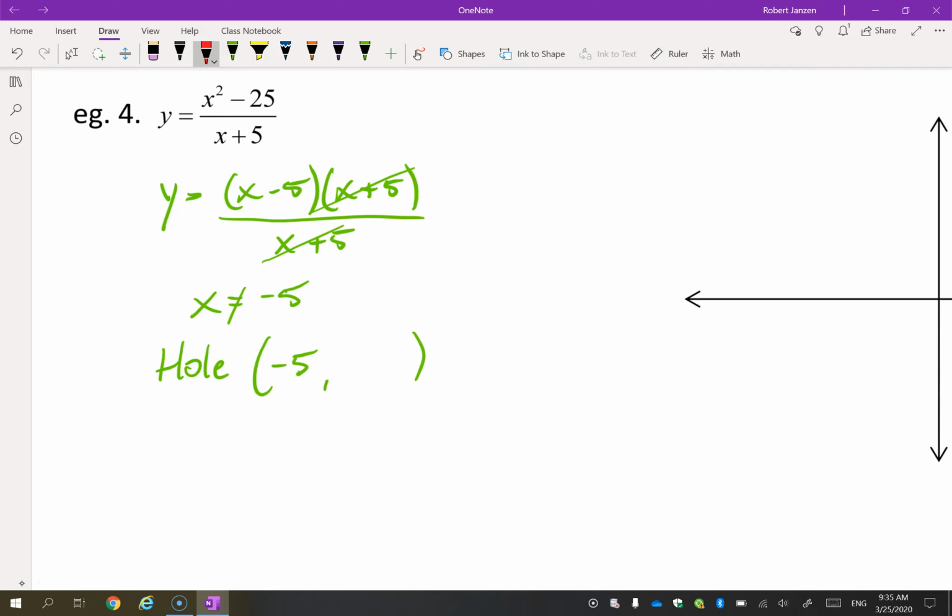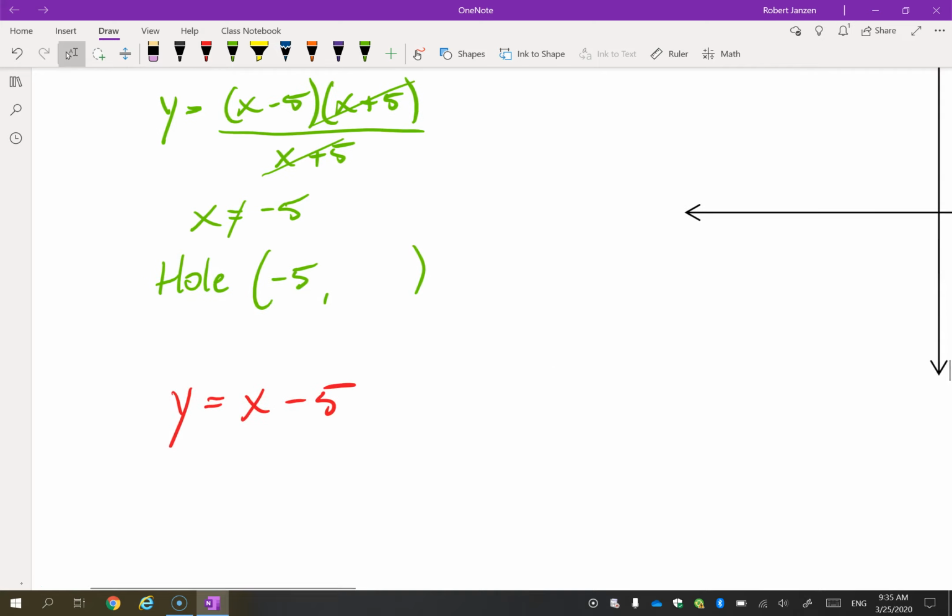All right, what's left in the equation? The equation is y equals x minus 5. So to get this value, I'm going to consider y equals, put x is -5 in there, and you get -10.